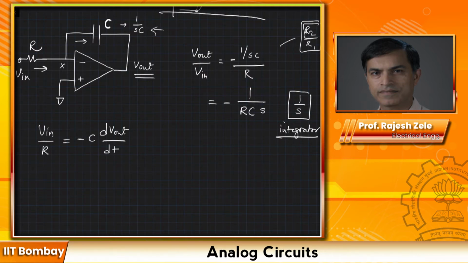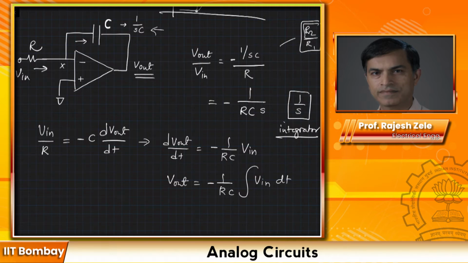I is equal to C dV by dt, right, for the capacitor. So if you look at this particular expression, then dV out by dt is equal to minus 1 over RC times V in. Hence we can say V out is equal to minus 1 over RC integration of V in with respect to dt.